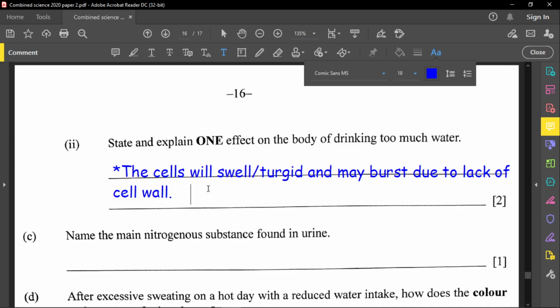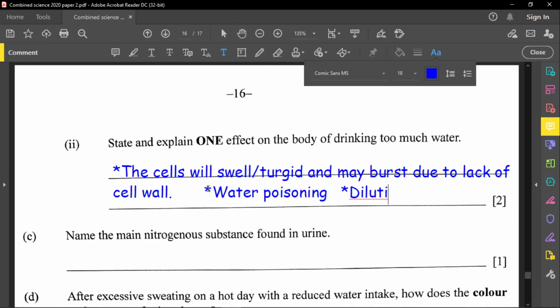Besides the cell becoming swollen, another effect in the body is that you can have water poisoning. Not only that, you can have a dilution of minerals, which can be a bad thing because the minerals will not be retained in the body.